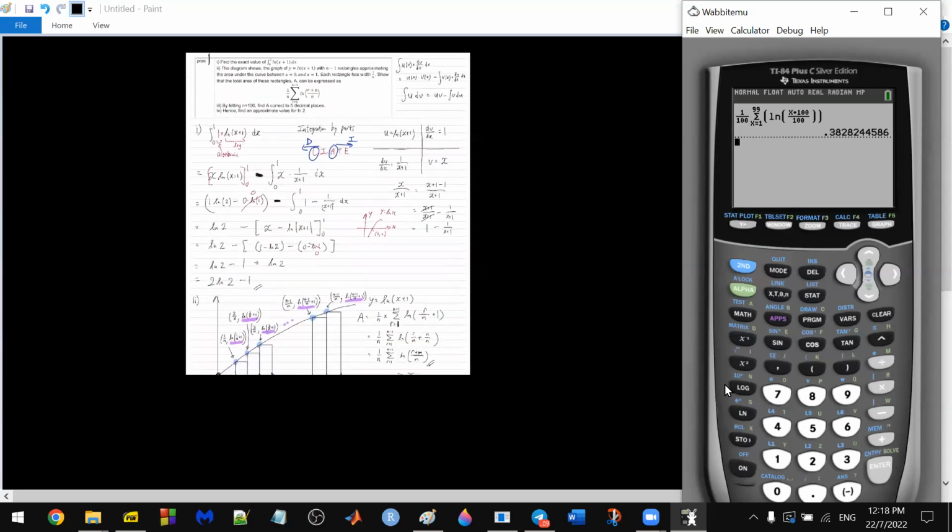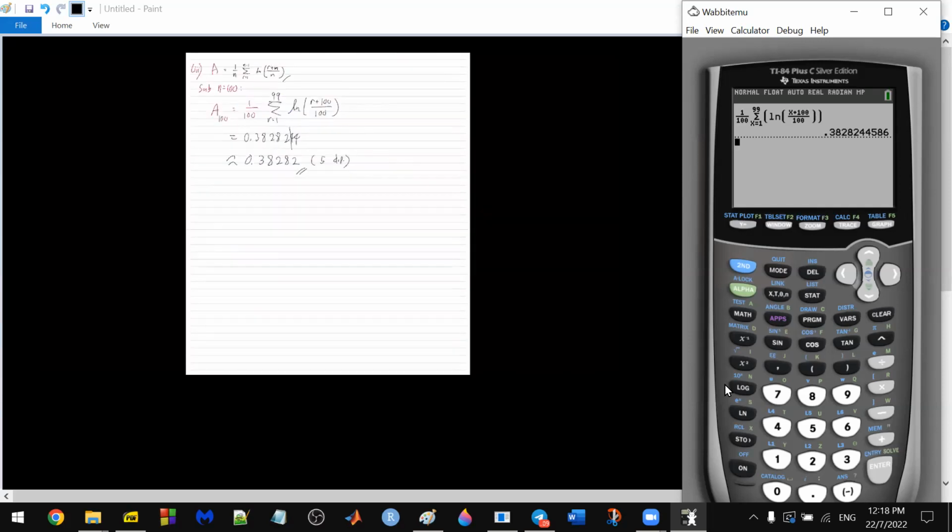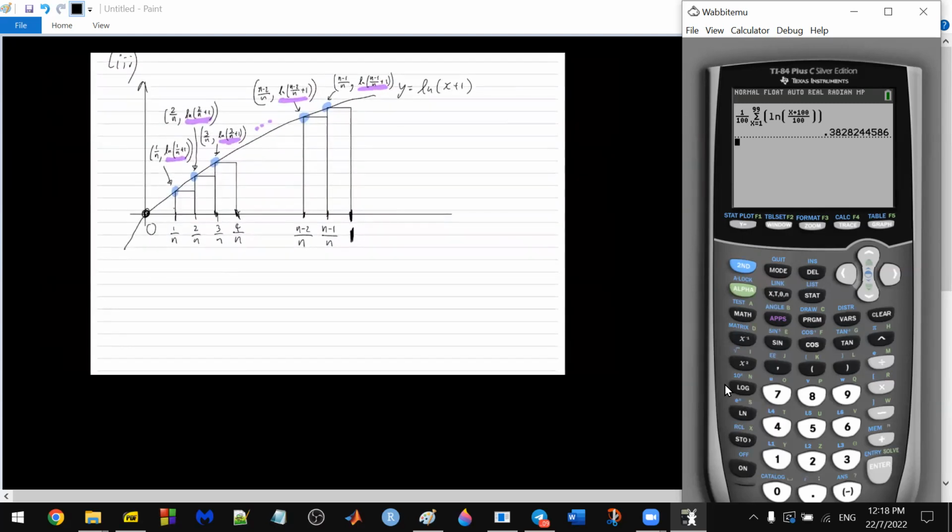So over here, if I just copy down the diagram, without so much details, still part 3. What do we know about the exact area? The exact area we found out from part 1, if you remember, it's actually 2 ln 2 minus 1.